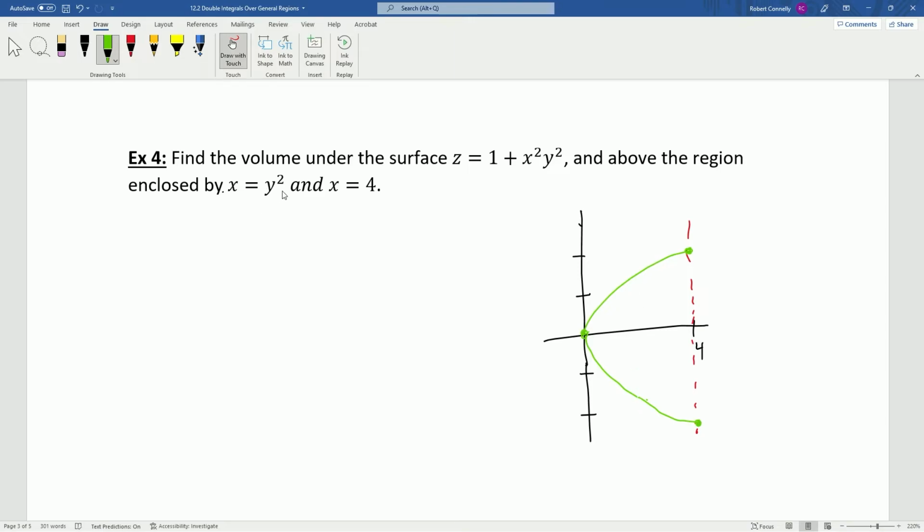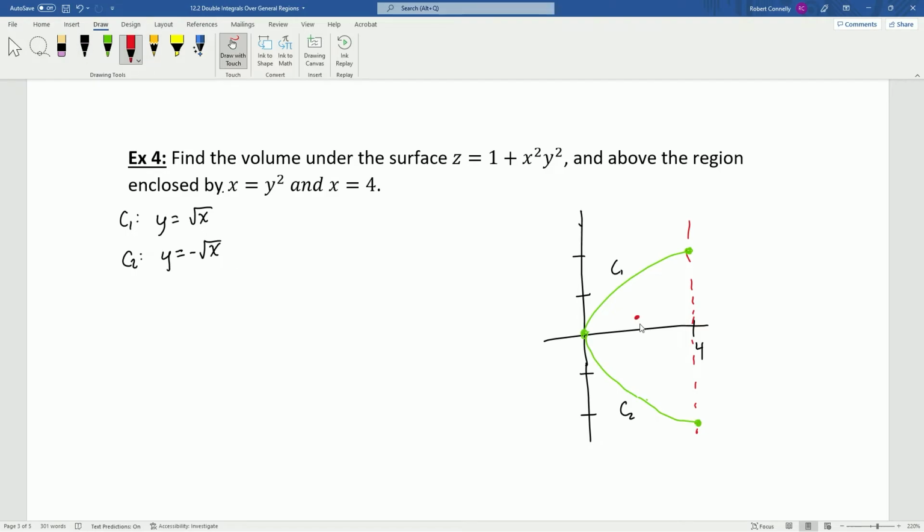So that means we need to split this function into two, and we'll call one of them curve 1 and the other curve 2. So curve 1 here, I take the square root of both sides. It's going to be y equals the positive square root of x. And curve 2 here is going to be y equals negative square root of x.